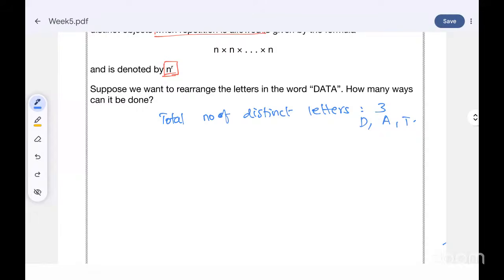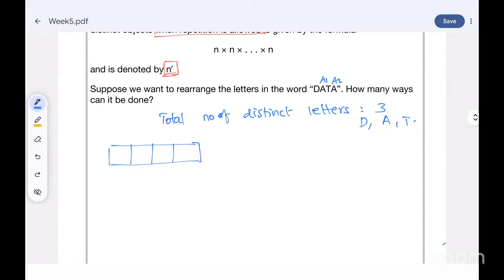So here again, if we are making boxes, let us say 1, 2, 3, 4, so we have 4 boxes now. Suppose we are counting the A's as A1 and A2, 2 different letters.